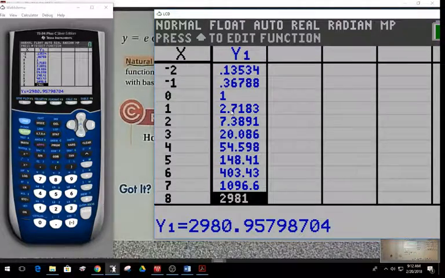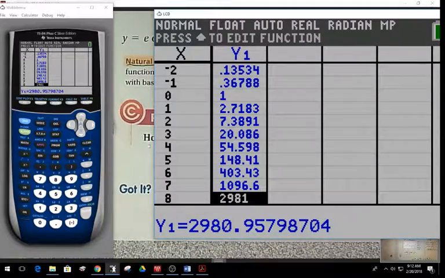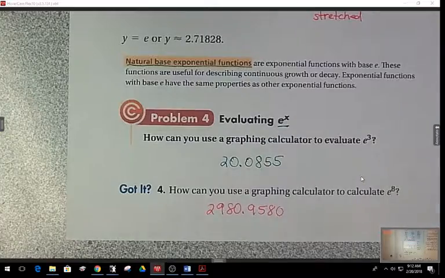And again, if I go to 4 decimal places, I'm going to get 2,980.9580, and that will round up to an 80. Okay. So you can get lots of information about e to a power quickly from your table.